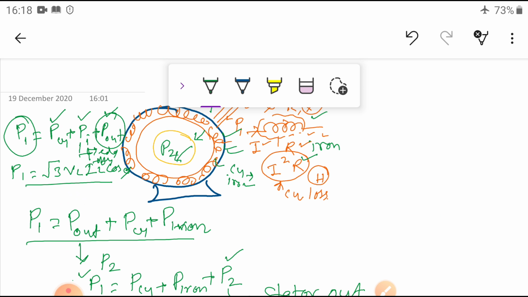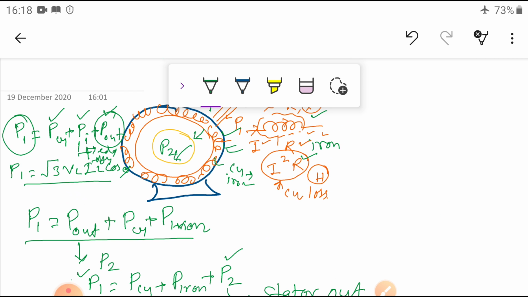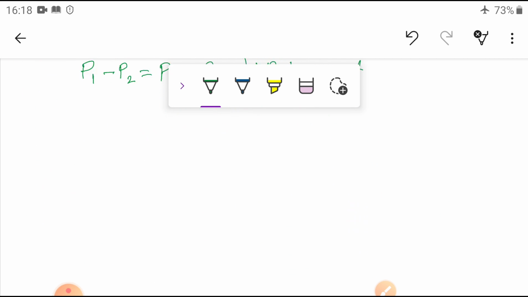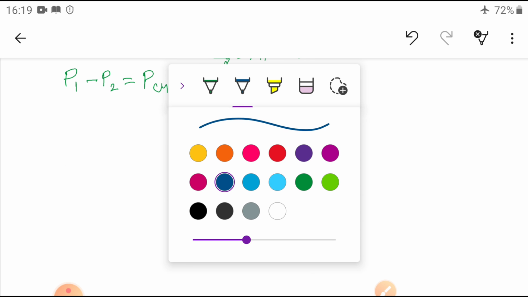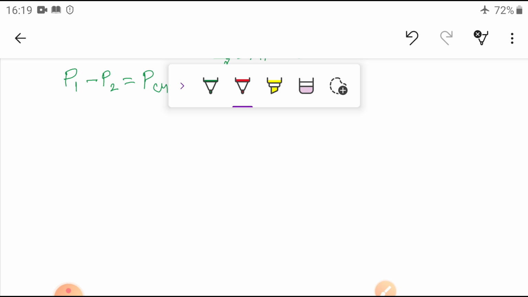Now what is happening here? Once P2 comes here, let us assume this is the rotor. The rotor has slots.